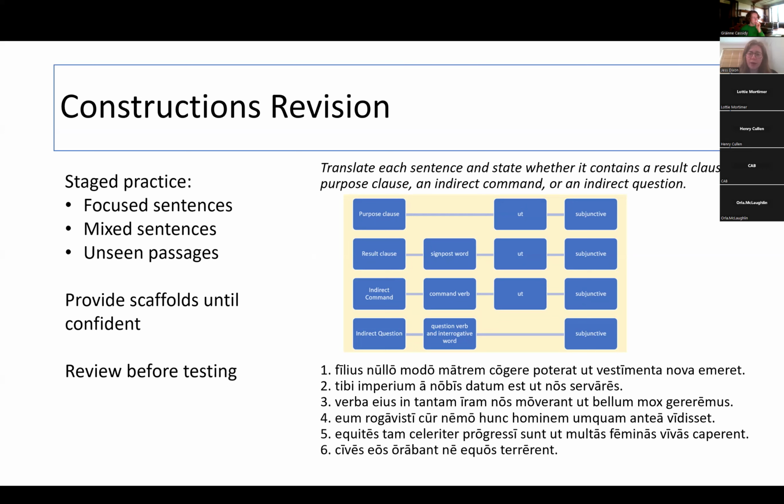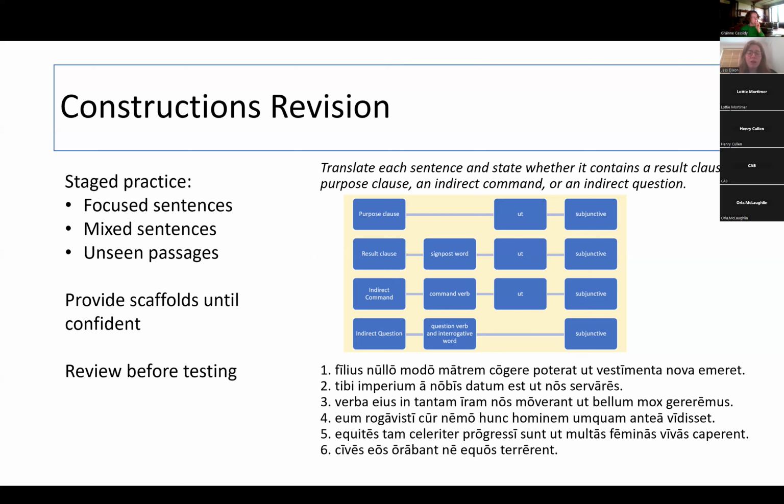So what you're looking out for to try and identify them. And then moving that into unseen passages. So you're building up that revision, that review, and giving them the support going forward rather than just jumping straight in maybe with a year 11 revision task, going straight into an unseen passage with lots of subjunctive sentences in. And then, as Lottie was saying earlier, you take the scaffold away when they're more confident.